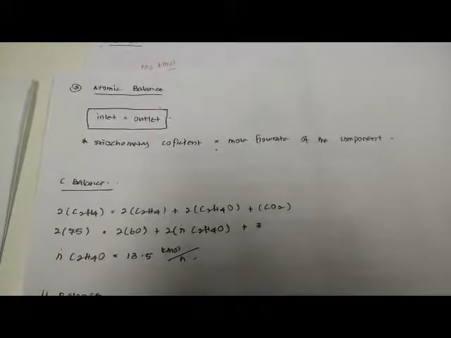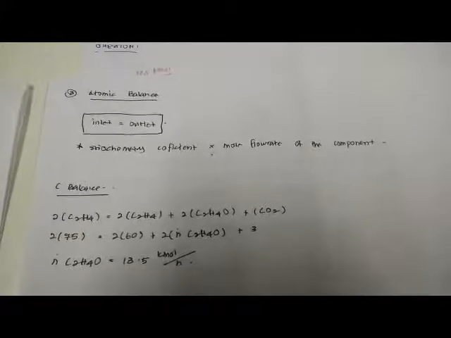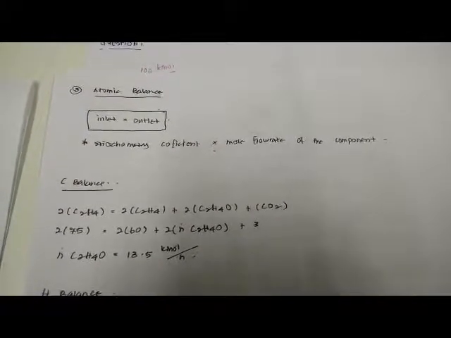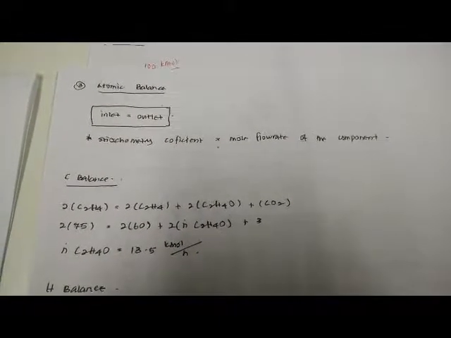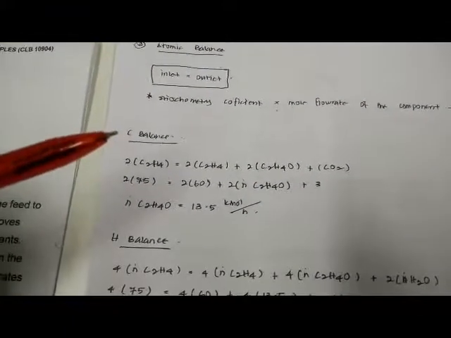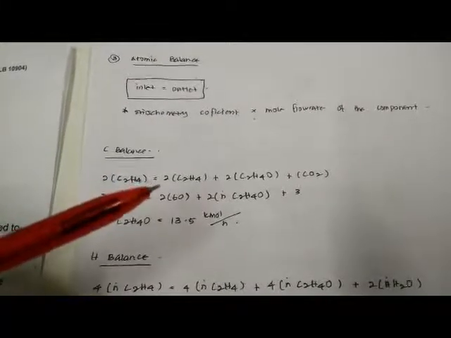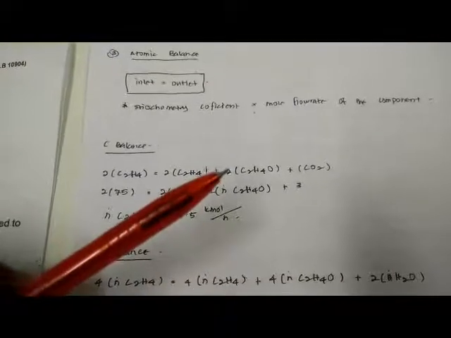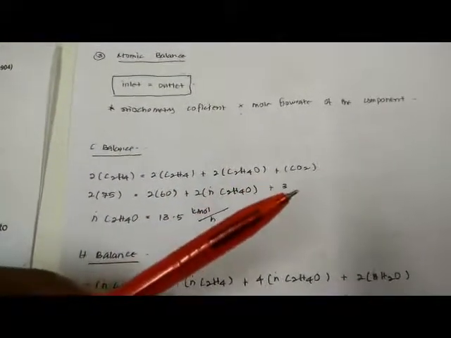After that, proceed to atomic balance. The rule that we need to know in the atomic balance is inlet equals outlet. How to calculate the atomic balance is stoichiometry coefficient times the mole flow rate of each component. So for example, C balance: 2 times ethylene equals 2 times ethylene outlet plus 2 times ethylene oxide plus carbon dioxide.